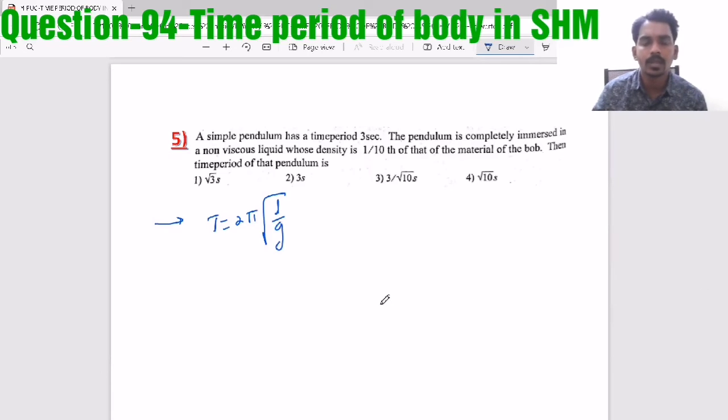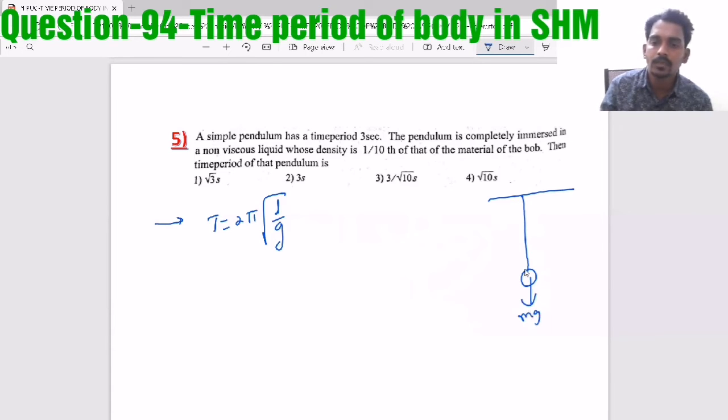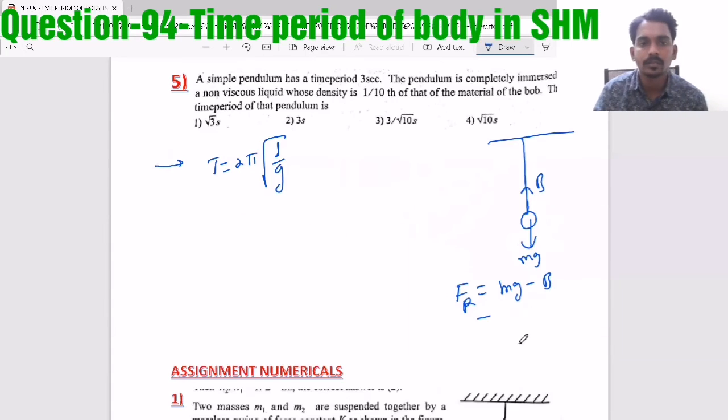Now, the simple pendulum is completely immersed in a liquid. Now, it is inside the liquid. Now, mg will act as well as buoyancy will act. Now, the resultant restoring force will become mg minus B, where you consider the bob is spherical shape.